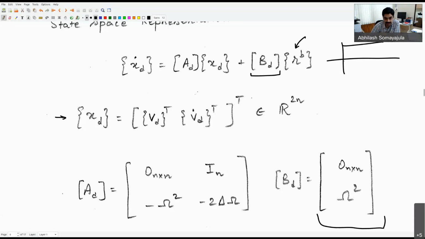VD dot. It will be changing VD dot. The VD dot will be experiencing a step input, which will cause VD to slowly vary and in a steady state reach RB. As time tends to infinity, VD will reach RB, but at the moment the step is applied, the step will first get transferred to VD dot.